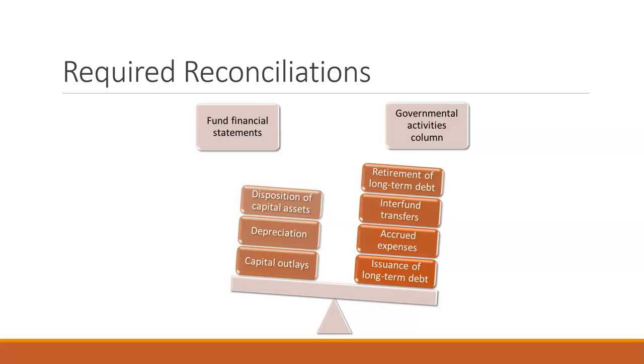So what this reconciliation does is show the fund balance, and then how these activities affect the net position of governmental activities and the change in net position of governmental activities. In the example videos, I'm also going to do a reconciliation example for you in addition to the financial statements.